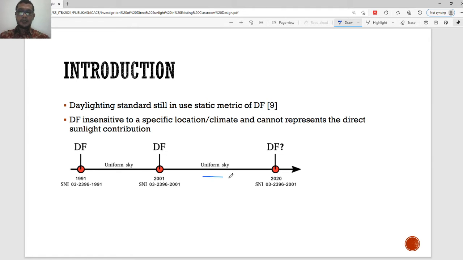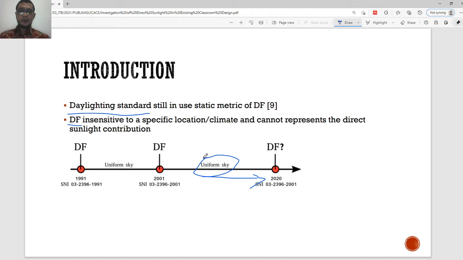But until today, no revision has been made and it is still in use without revision for about 20 years now. As we have known, daylight factor is insensitive to specific locations or climate and cannot represent direct sunlight contributions. And the lighting standard available in Indonesia still uses a uniform sky.